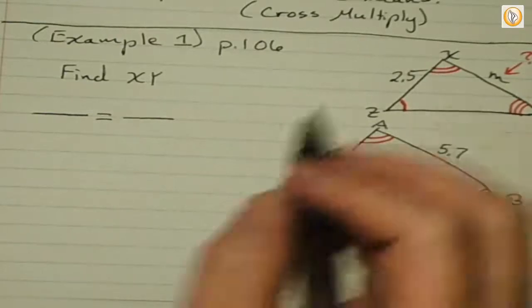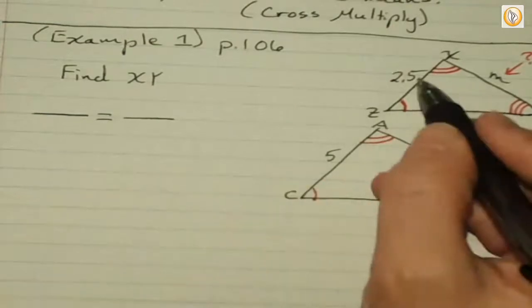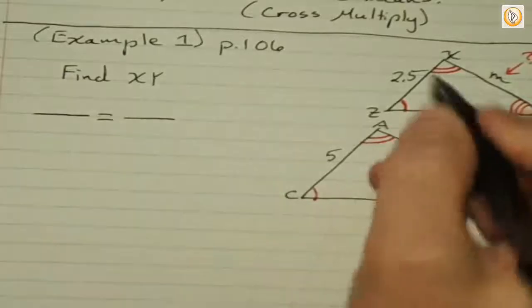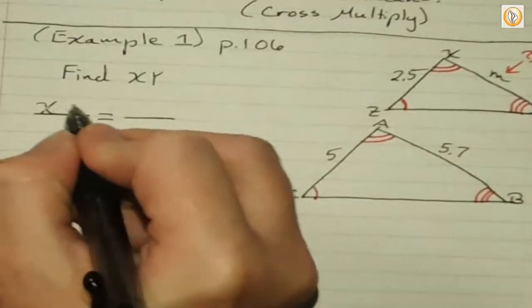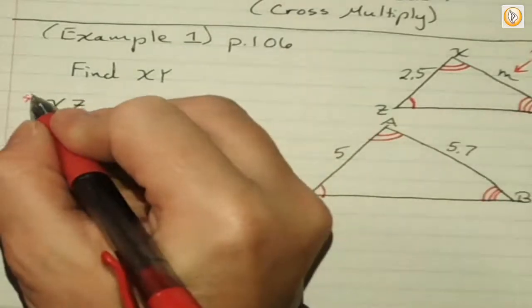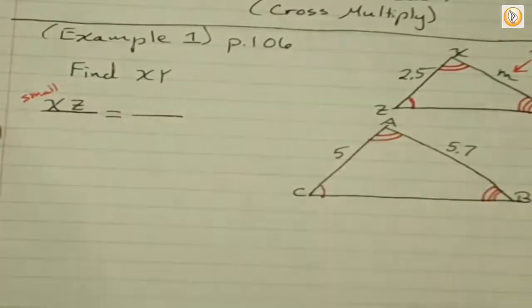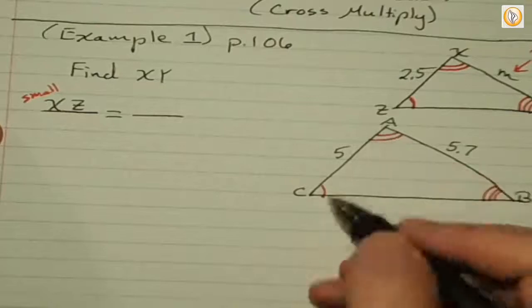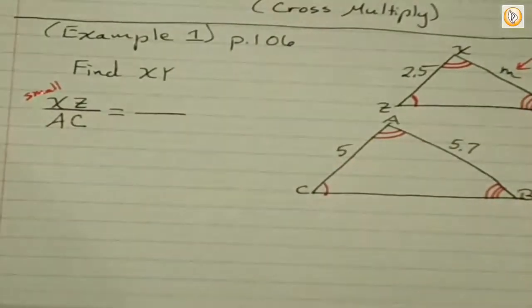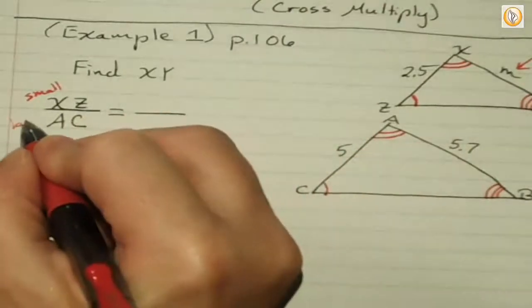Right? Okay, so I'm going to compare those two sides. I have XZ, or ZX, however you want to say it. I'm going to have XZ. That is your small one. And then on the bottom, I'm going to put AC. That's my large.